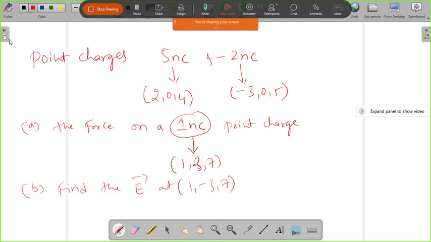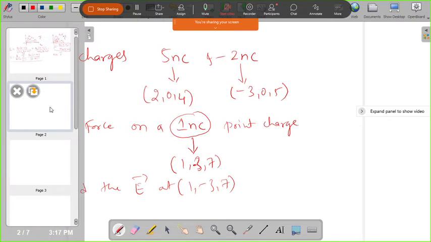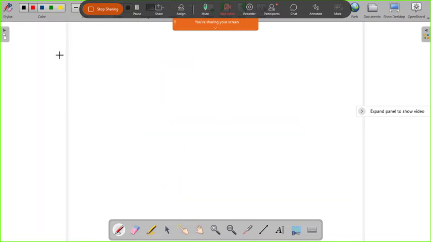Okay, so now this is the problem, so we can use the superposition theorem. To find out the force, we know the force equation, which is given by summation, and the 1 over 4 pi epsilon naught you can take outside.